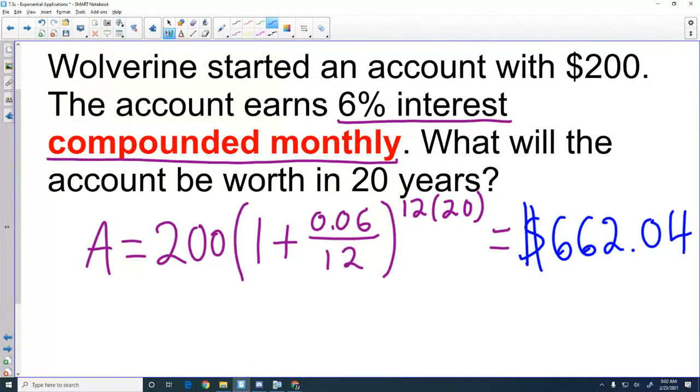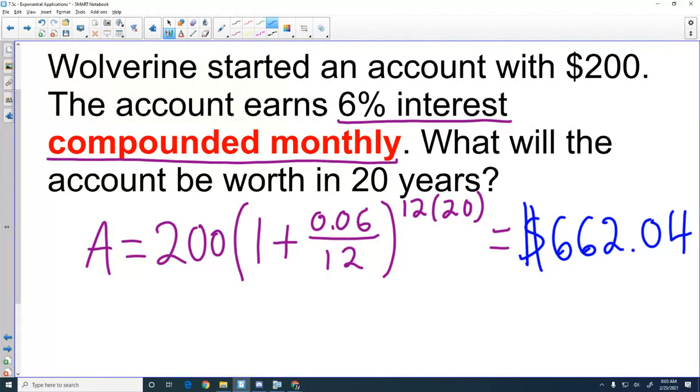Start on the left. Parentheses. This button right there, Y to the x, that's your exponent. And use parentheses because you want to multiply them. So do a parenthesis 12 times 20.